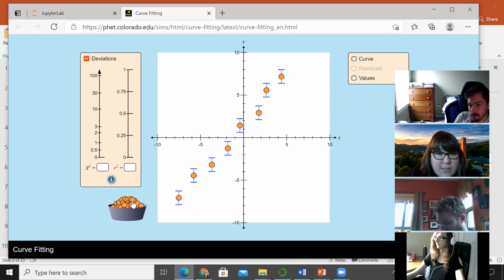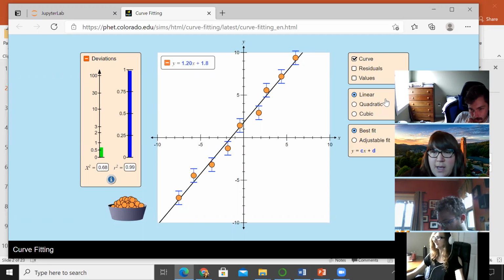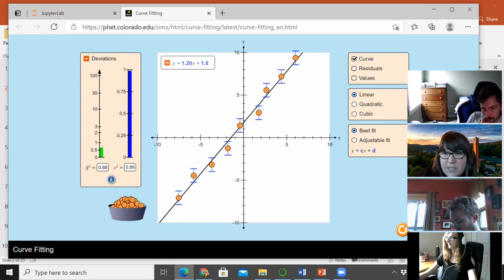So let's pretend we did these measurements. Okay, there's our measurements. If I click this, I can add a fit to the set of data. And what I get out of my fit is the fit parameters: 1.2 is the slope, and 1.8 is the y-intercept for this random set of data that I just made up.